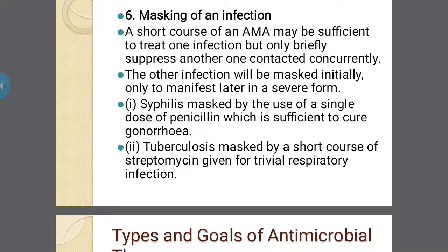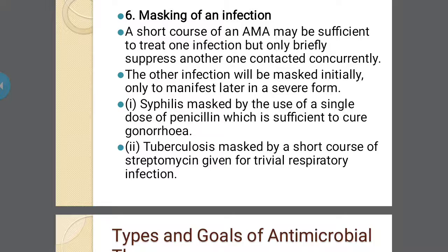So tuberculosis also can be masked by a short course of streptomycin given for a trivial respiratory infection. Apart from streptomycin, remember we should avoid indiscriminate use of fluoroquinolones like levofloxacin, moxifloxacin, and also macrolides like clarithromycin, because tuberculosis symptoms can be masked by them. And these can be important second line drugs for the treatment of tuberculosis.